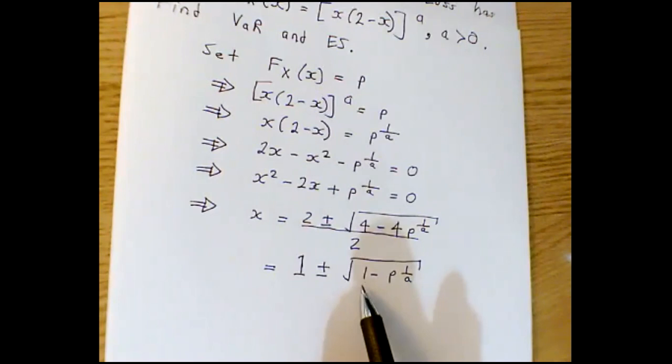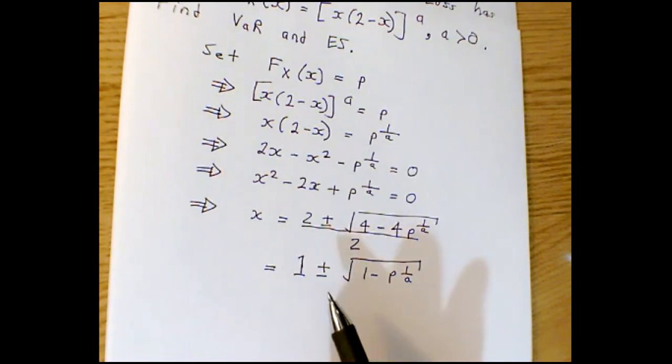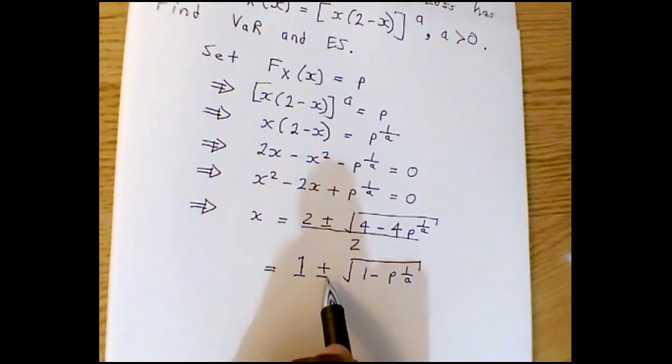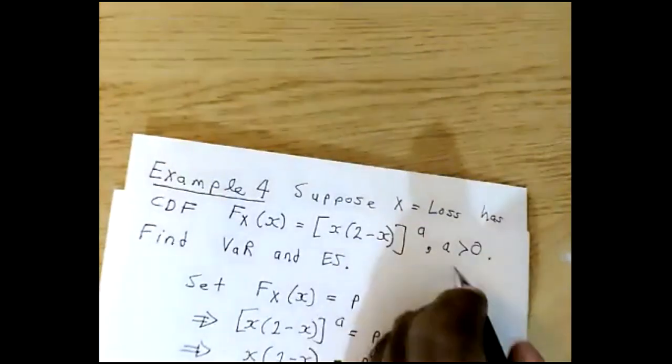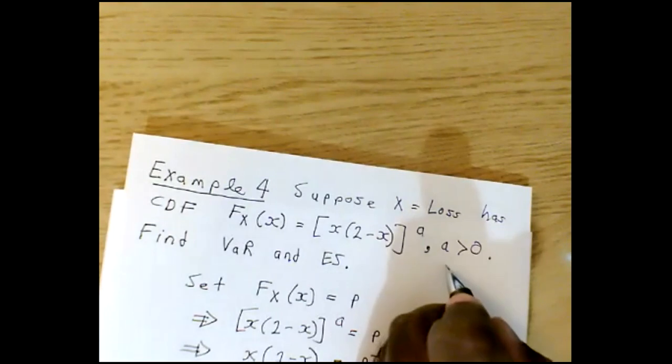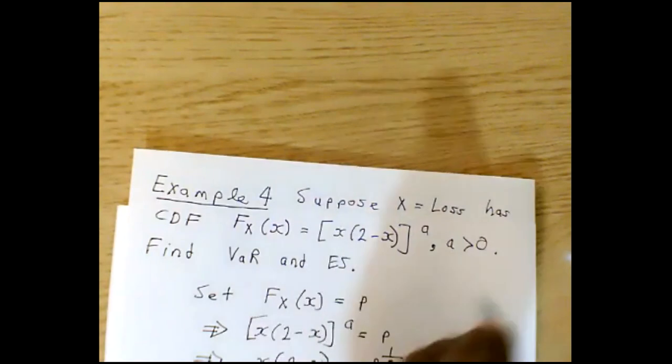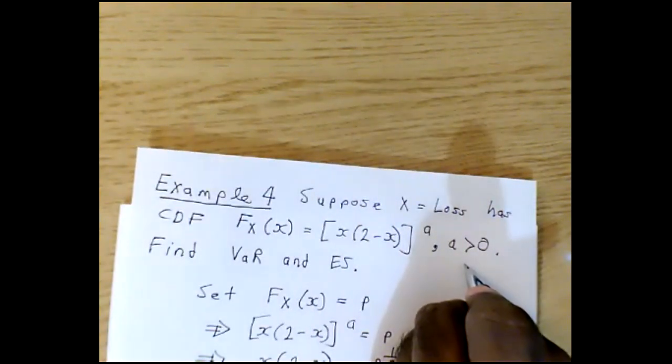Let me think. If x is 0, x is 1, x is 2. I think in this case only the minus is valid, because I should have said at the beginning that x lies between 0 and 1 in this case.